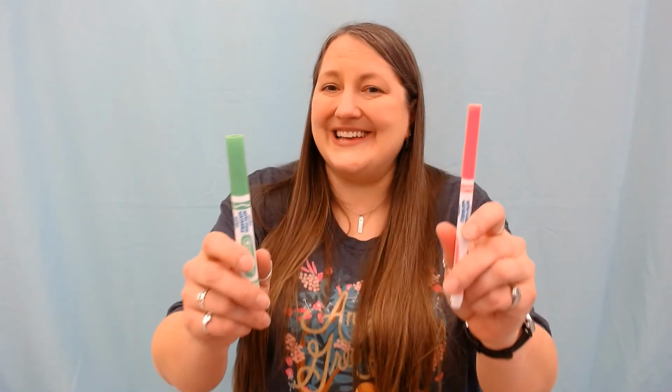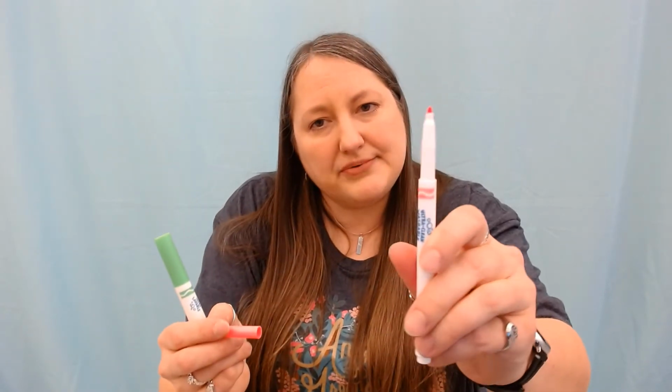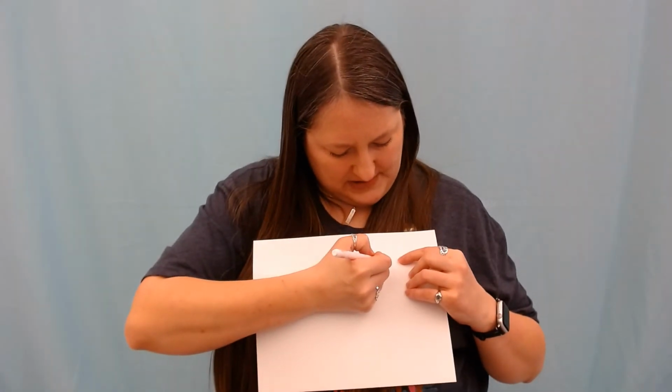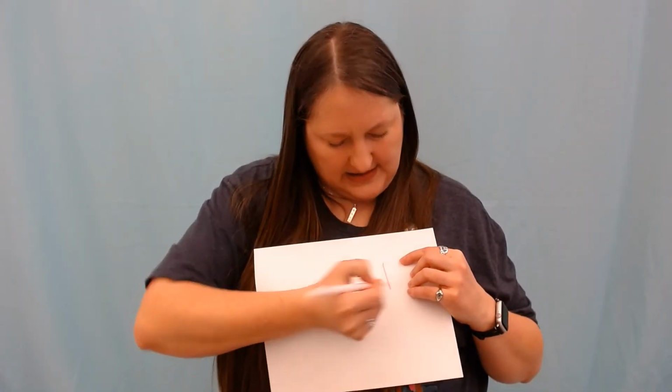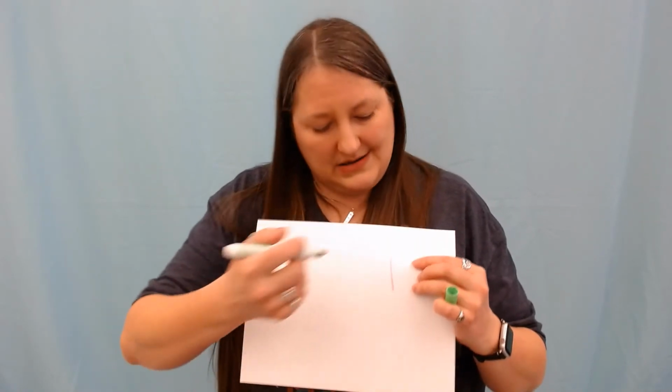They come in different sizes, right? Just like this. This one is a pretty skinny little marker, and it makes a pretty skinny little line. I've got a piece of paper here. This marker makes a pretty small, skinny line. See that? But there are other markers that make thicker lines, right?